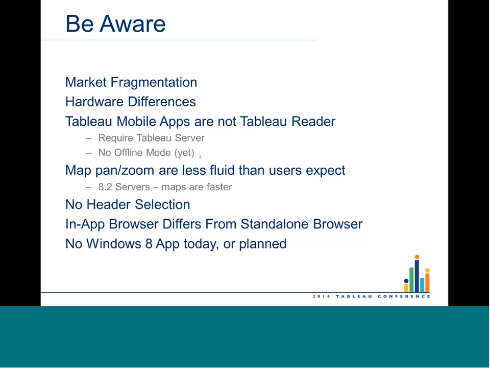There are some small differences between in-app browsers versus standalone browsers or desktop browsers. The in-app browser that we embed in our applications is different than the browser that you launch from your tablet launch screen. This is really an oddity of the way that the tablet vendors and the operating systems deploy their software.